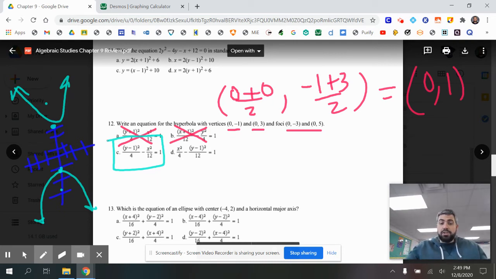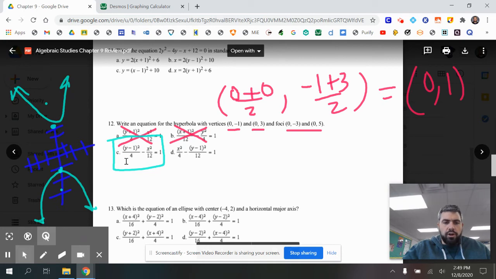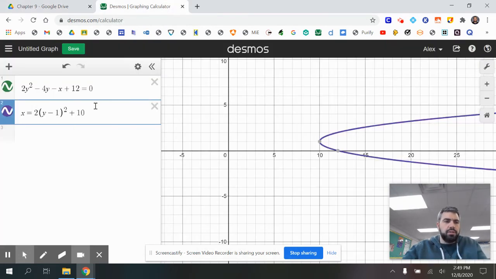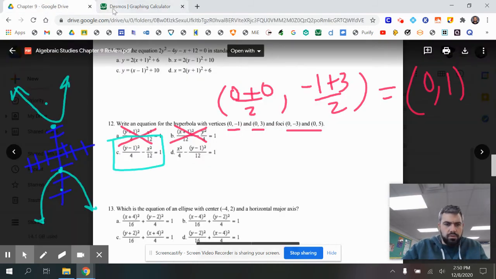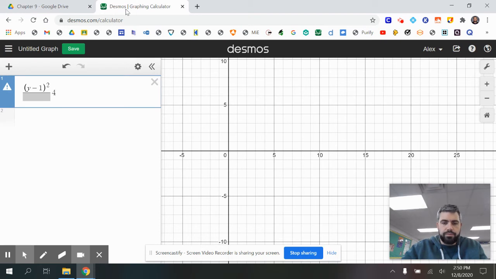Again, how do we check our answer? Well, we can graph it, right? We're going to graph this hyperbola, which is y minus 1 squared, all of that divided by, I believe it was 4, minus x squared over 12 equals 1.